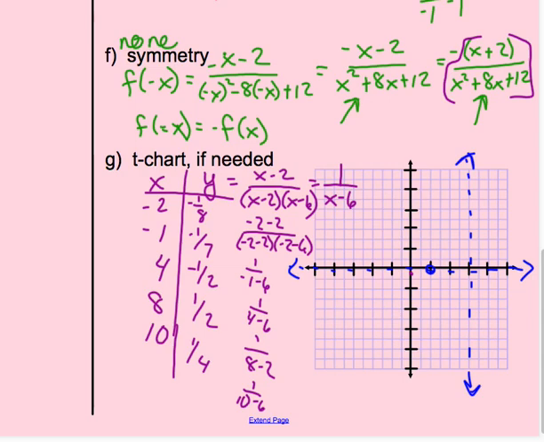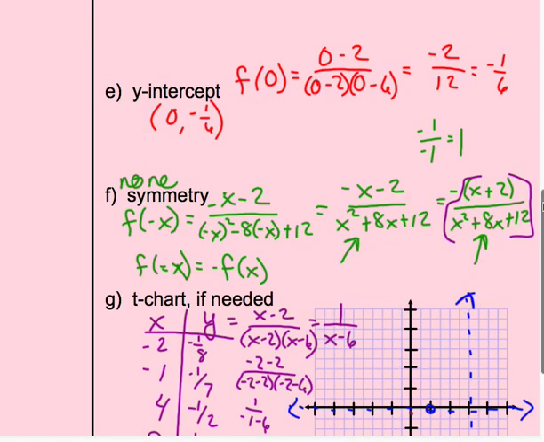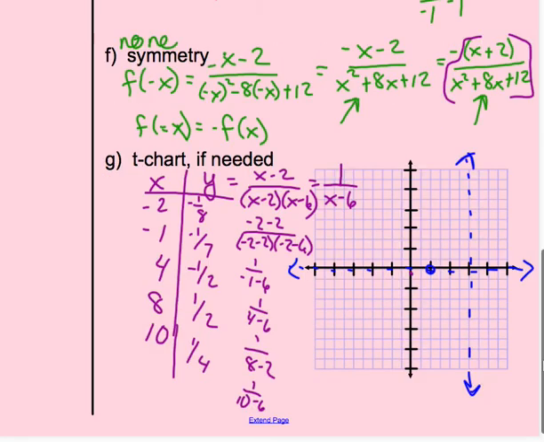All right, so plotting these points, let's see if that gives us an idea of what's going on with the graph. All right, so -2, -1/8, which I can tell is just getting close to my asymptote already, so I really don't need any more negative x values to figure out what's going on. 4, -1/2.